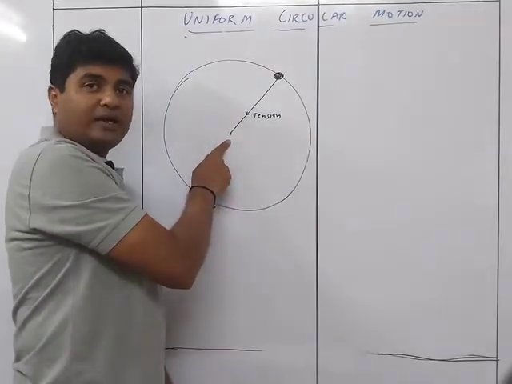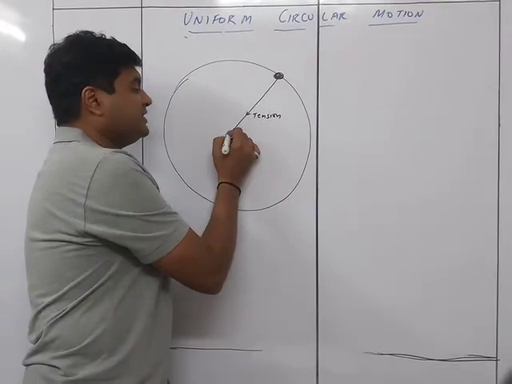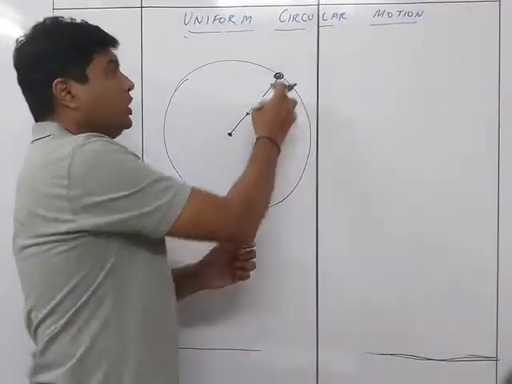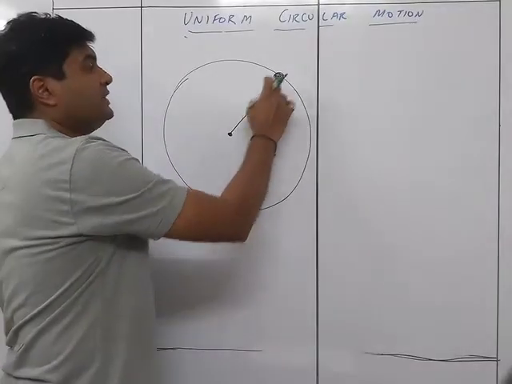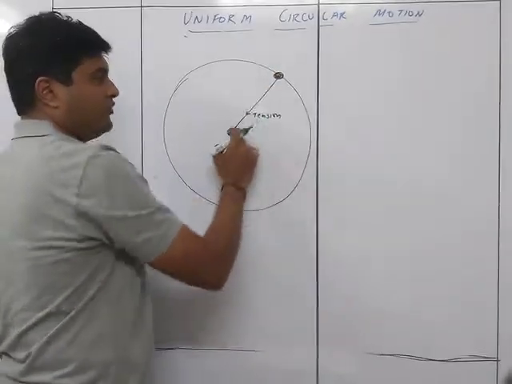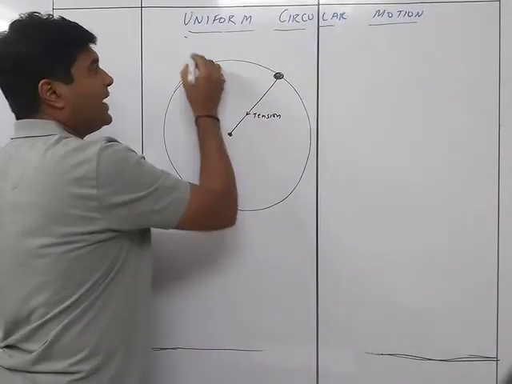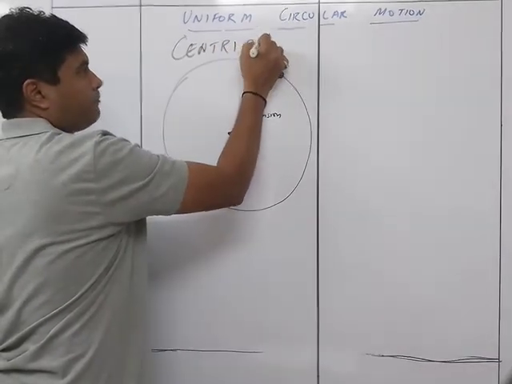It is this particular point, which is giving a force to hold this ball in position. Hence, this tension force, the force which is coming towards the center, is called centripetal force.